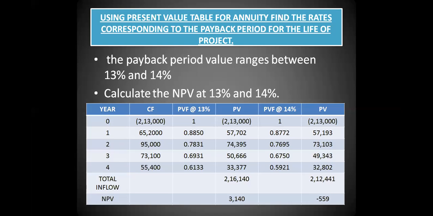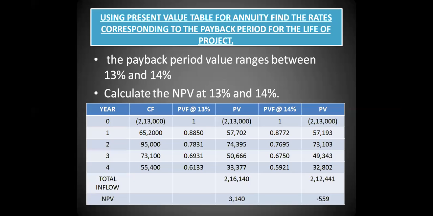Okay. So if you could see this table, I have listed all the years in the first column, and I have written all the cash flows which have not been discounted yet in the second column. And I have written the present value factor at 13% in the third column and the present value factor at the rate of 14% in the fifth column.